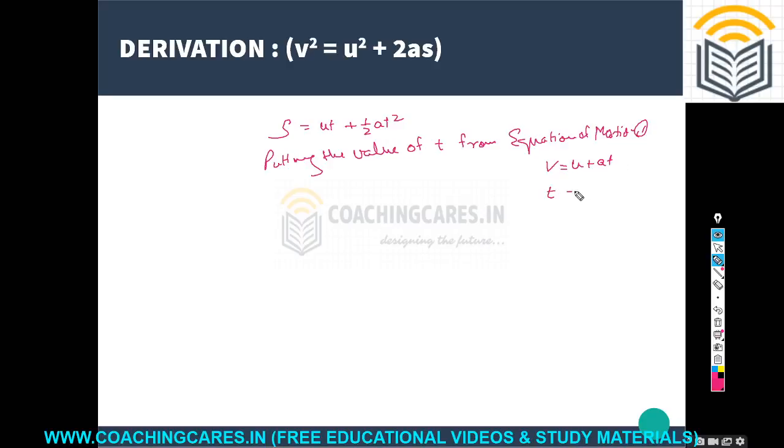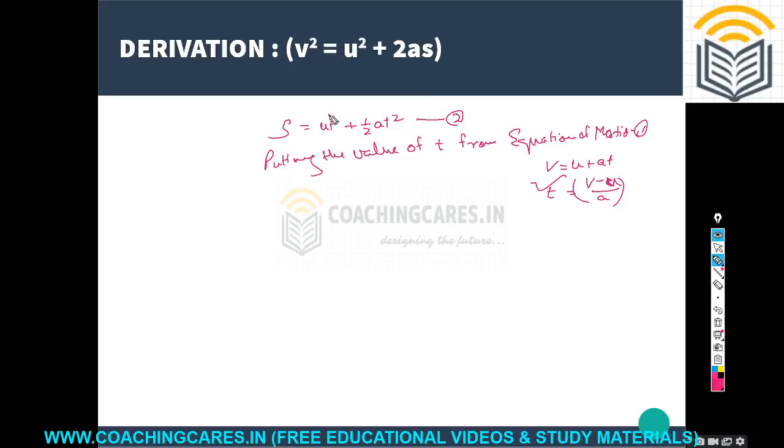So t will be v minus u divided by a. We can write it. So we'll write the value of t in this equation, which is equation number 2.